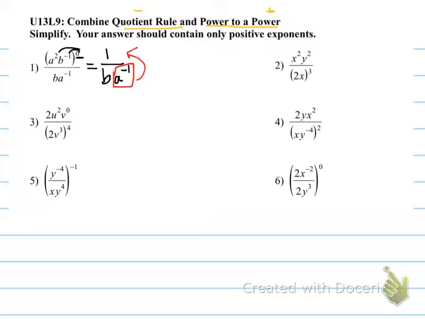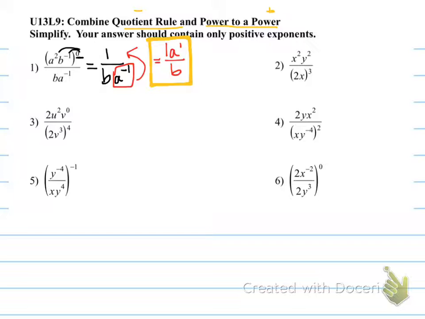So my final answer for this problem would be a to the first power, or 1a to the first power, over b. And that's my final answer. Again, we saw that the exponent was 0, which gives us 1, and then we moved those negative exponents.